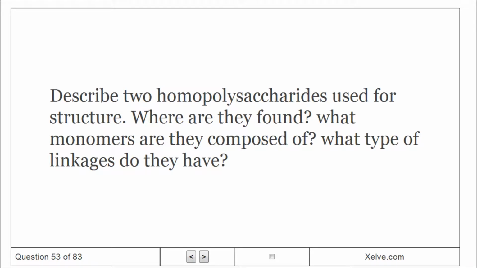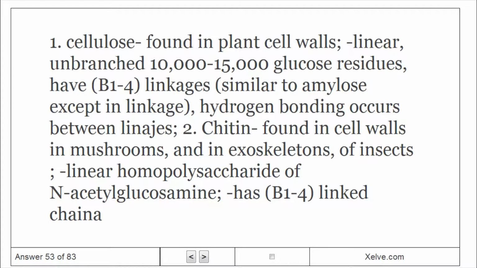Describe two homopolysaccharides used for structure. Where are they found? What monomers are they composed of? What type of linkages do they have? 1. Cellulose: found in plant cell walls, linear, unbranched, 10,000 to 15,000 glucose residues, with beta 1 to 4 linkages.